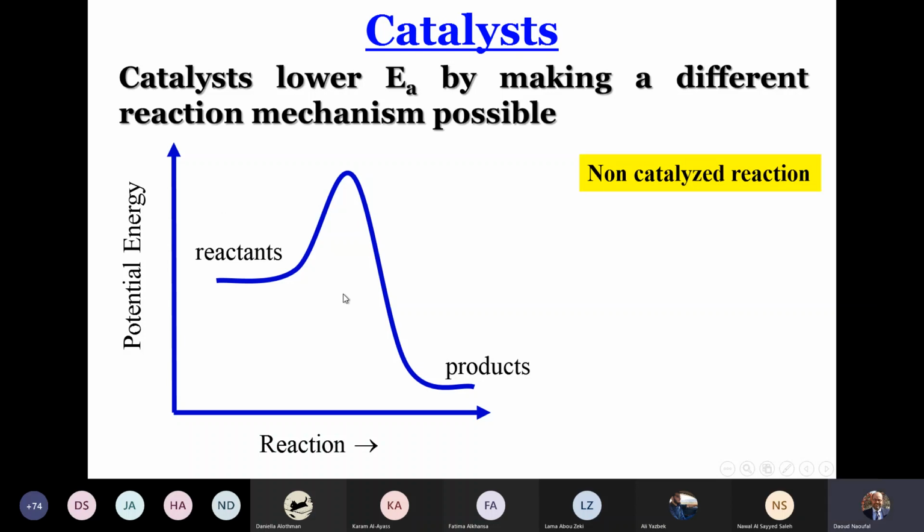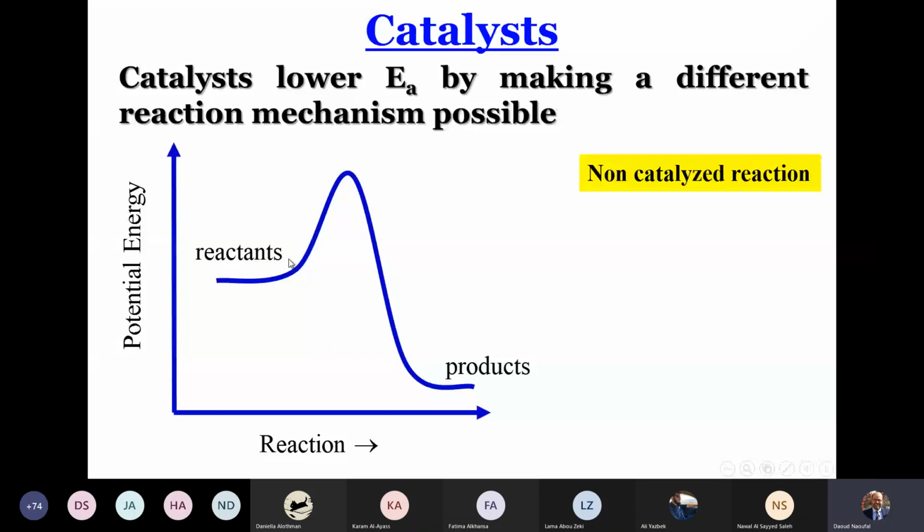So the difference of the energy is negative. So the reaction is exothermic. What is the pathway? The pathway is the following. In the blue curve, the reaction follows this pathway in order to form the product.